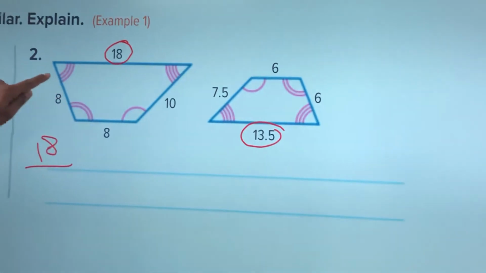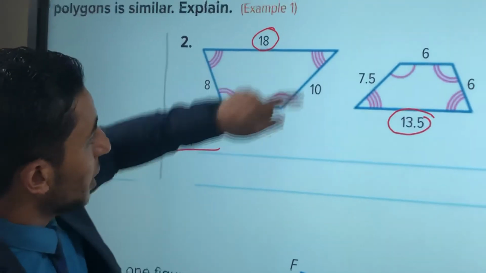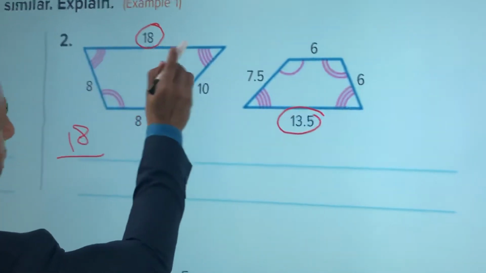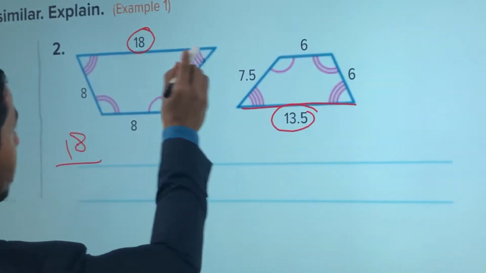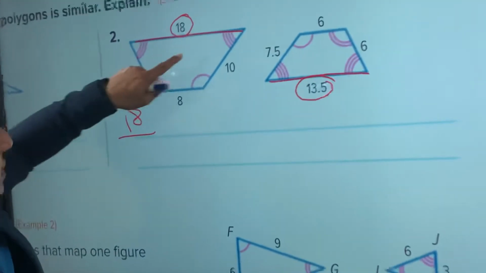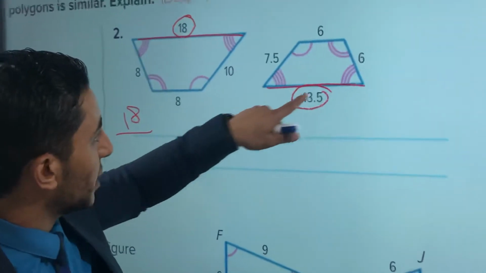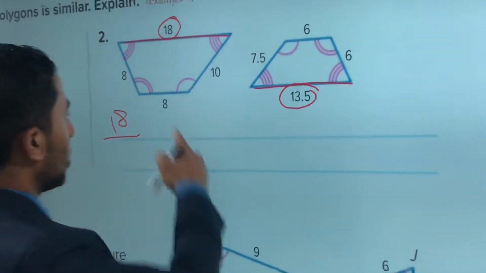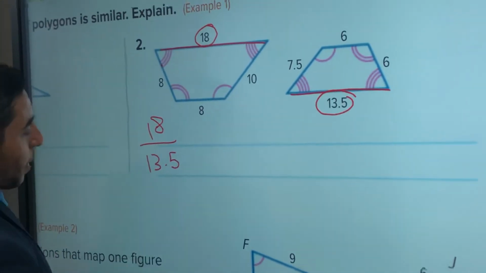Here we have 3 marks and here 4 marks. So this side corresponds to this side. Inside we have 3 marks and 4 marks matching between them. So 18 over 13.5.